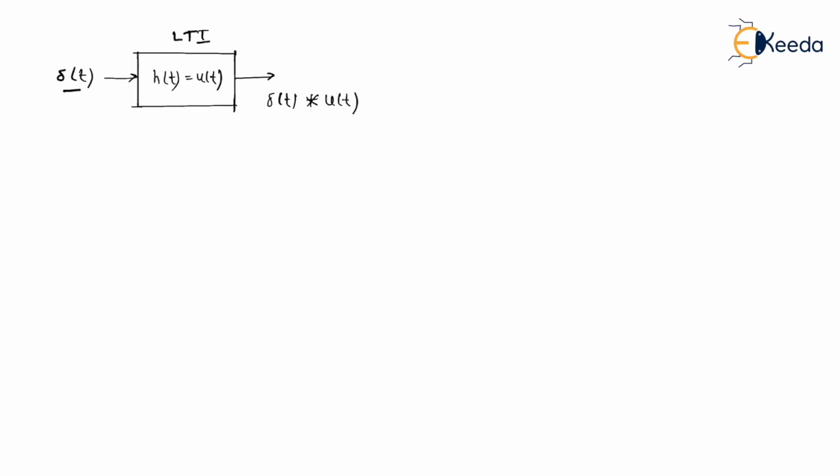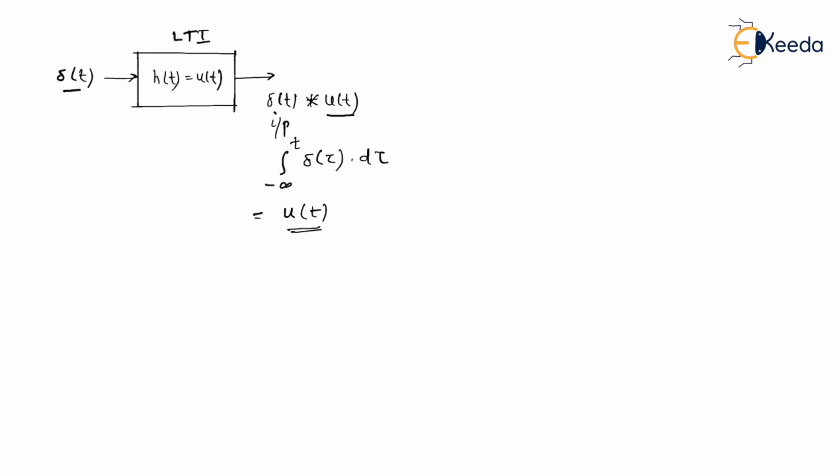So we have already learned whenever input gets convolved with u of t function, that is step input function, it acts as integrator. So I can say that this system will act as an integrator for input, that is integration from minus infinity to t del of tau d tau, and we know that integration of delta signal is step function.